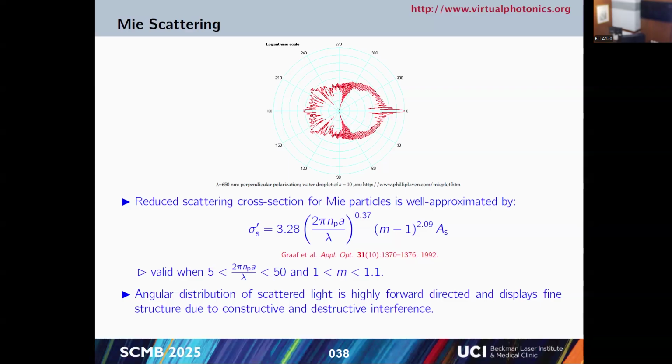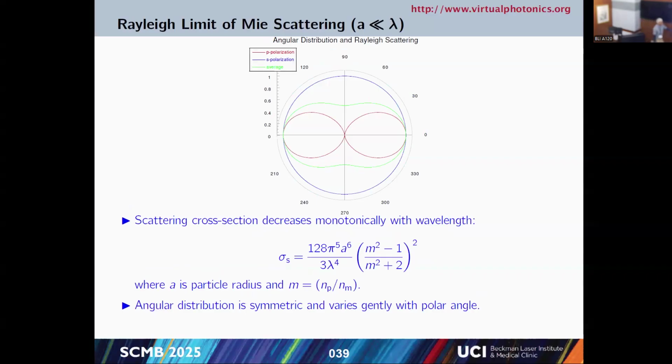I'm sorry, n is the refractive index of the particle, and m is the relative refractive index, that is, the refractive index of the particle divided by the refractive index of the medium. And we talked about the angular distribution. And then for Rayleigh scattering, the scattering cross-section has a strong dependence on the radius of the particle, and is inversely proportional to the fourth power of lambda.